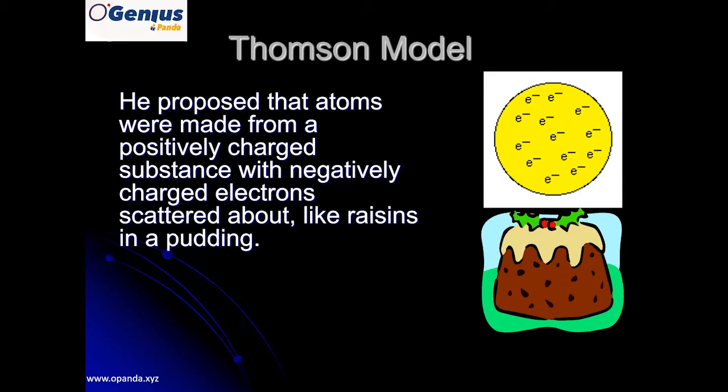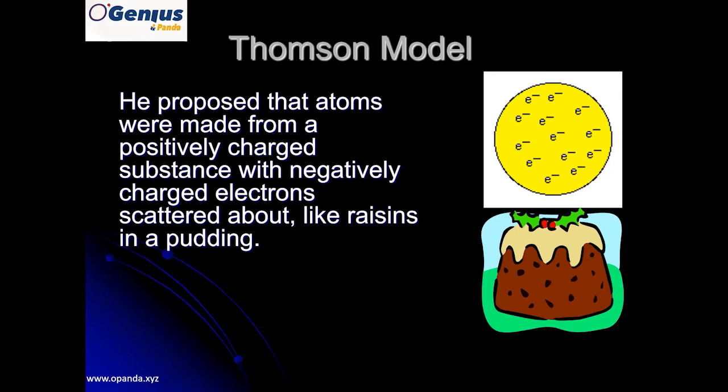We can also take the example of a watermelon. We know how the seeds are scattered in the whole body of the solid watermelon. That is the same as what Thomson suggested for the atom: a very big part that is positively charged, with some very small negatively charged particles distributed all over the body of that positive part.